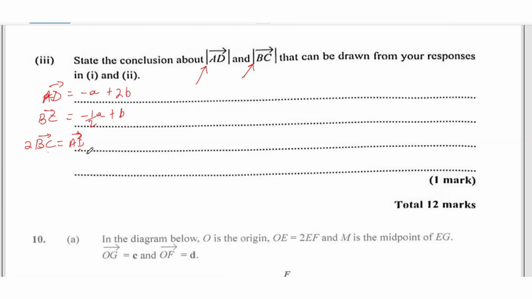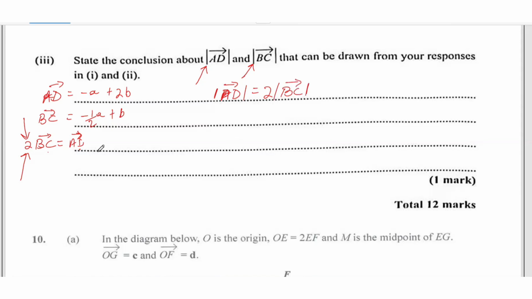So AD is bigger. Now, because this is the scale factor that we use to prove the link in terms of their parallel, this scale factor is relative to how big AD is compared to BC. In other words, the magnitude of AD is actually 2 times the magnitude of BC.